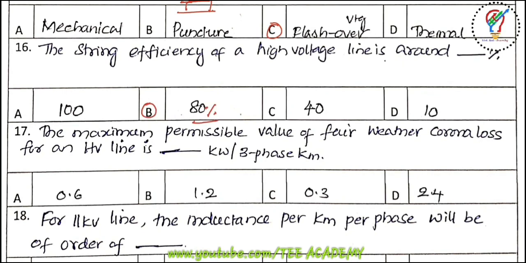Next one, the maximum permissible value of fair weather corona losses for a high voltage line is dash kilowatt per 3-phase kilometer. The options are 0.6, 1.2, 0.3, 2.4. The correct answer is 2.4 kilowatts per 3-phase kilometer.